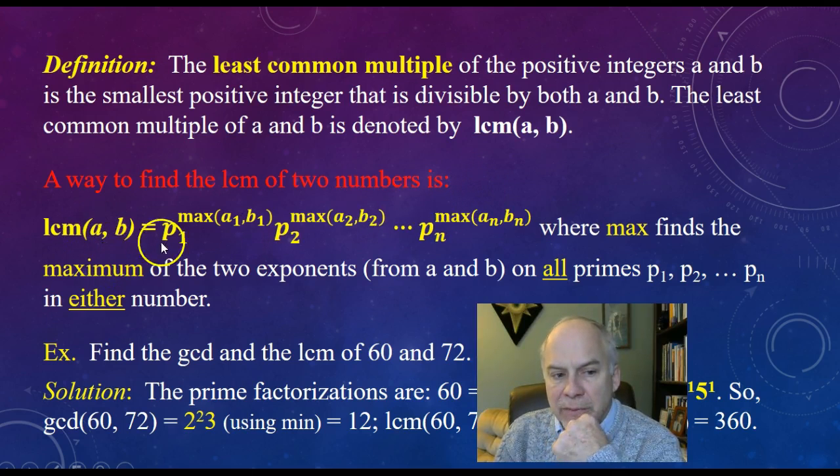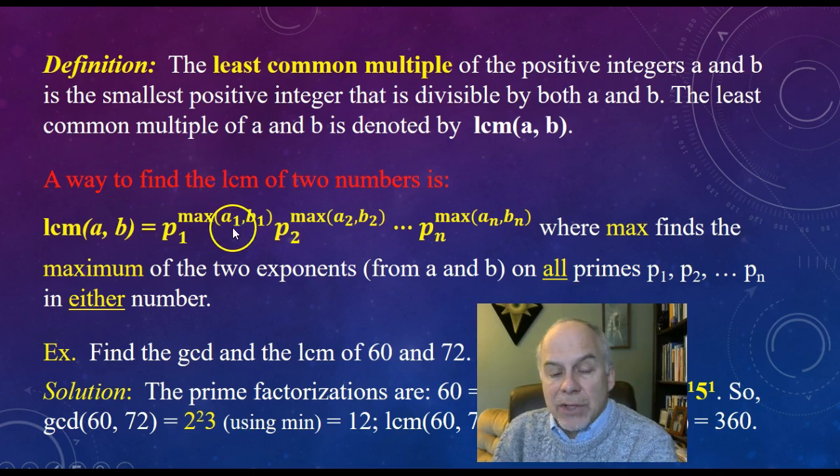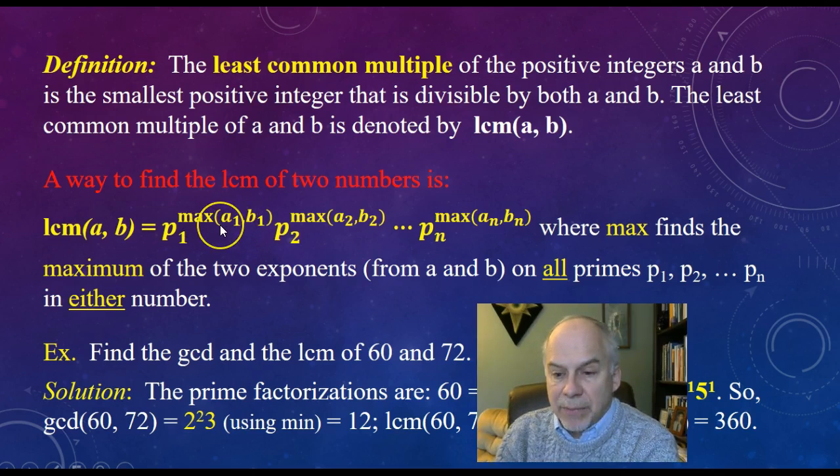So for the least common multiple of A and B, we're going to take all the primes that you find in either A's prime factorization or in B's prime factorization. And then you're going to take the maximum of the exponents of those.